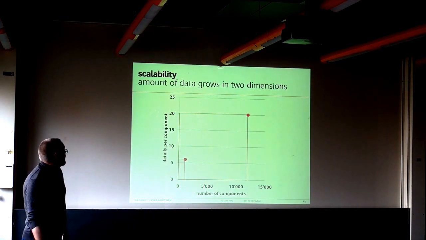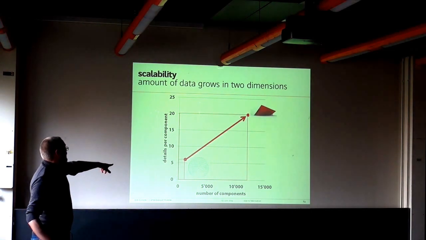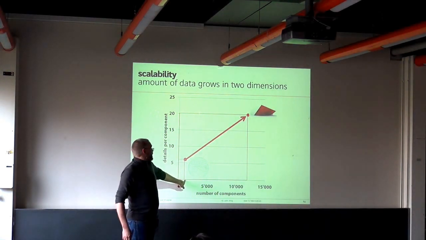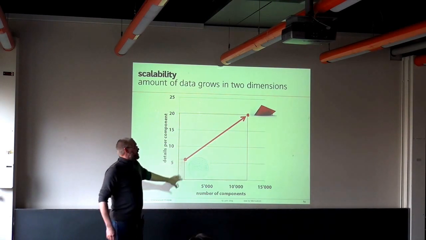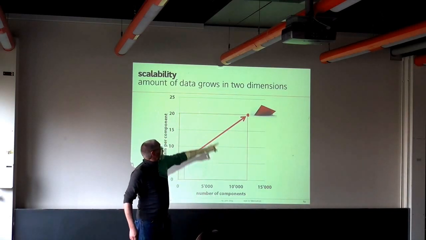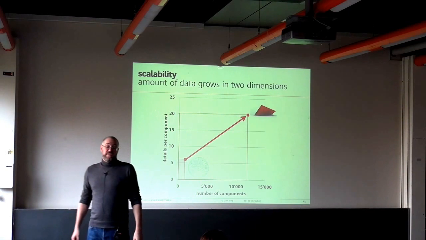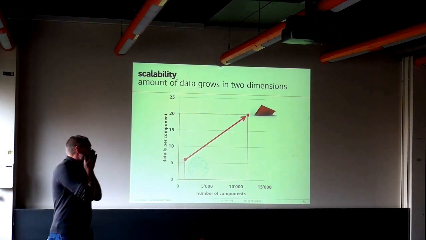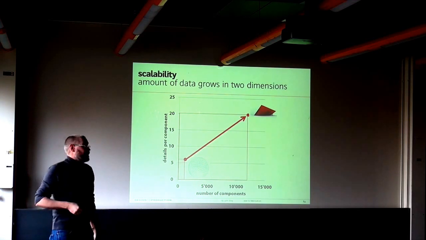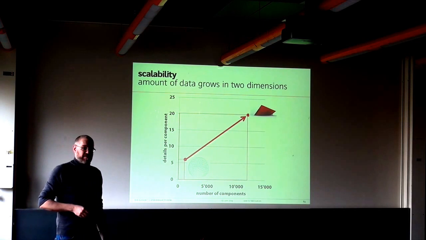And that also means that we have to talk about scalability. I mean, from this little sphere down here where we had 12,500 components with 6 details each, we're going up to 13,000, 14,000 components in this with on average 20 details in this project. So basically our models are growing in 2 directions, which means at some point it's hard to handle this amount of information.